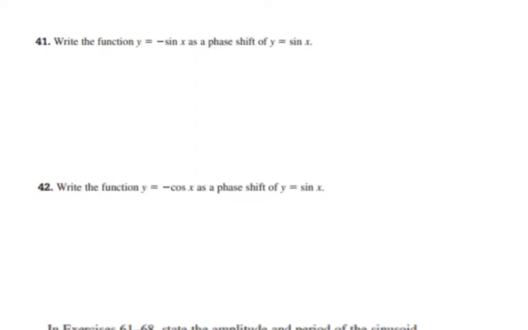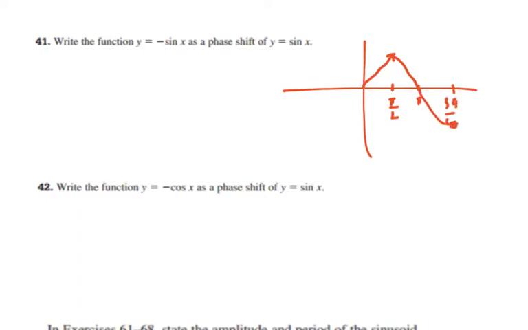Alright, then the next one, we're going to write the function as a phase shift of sine. So, what we're seeing is that sine would generally be going up, and then, what is this, pi over 2, and then at pi it would be coming back down. 3 pi over 2, it would be down at the bottom, and then at 2 pi it would be back up again.